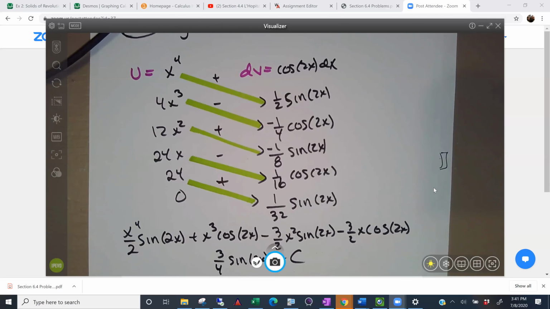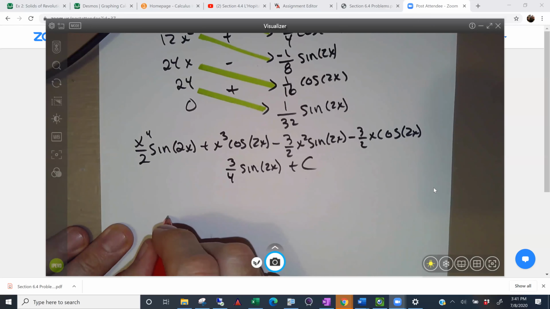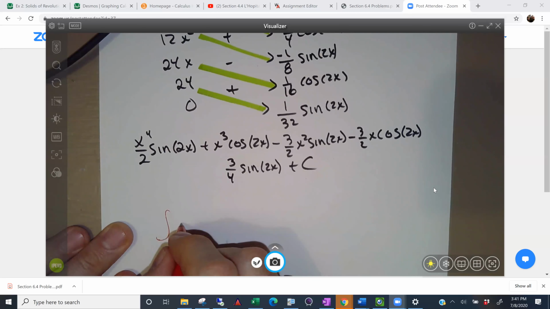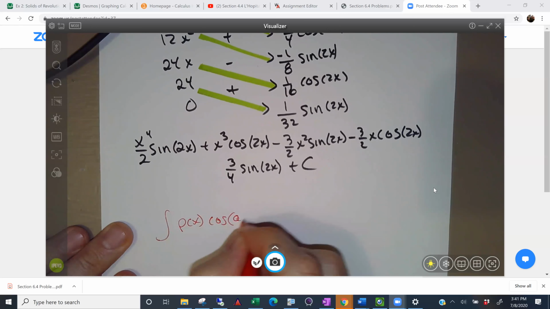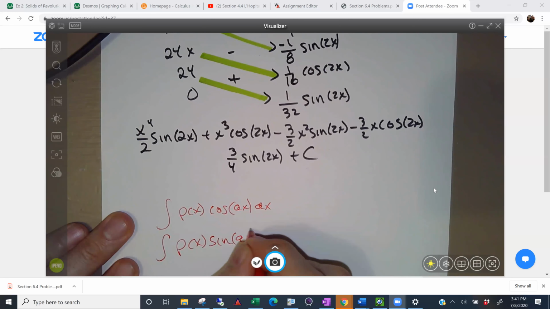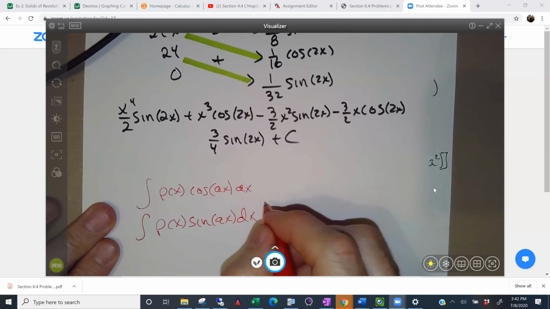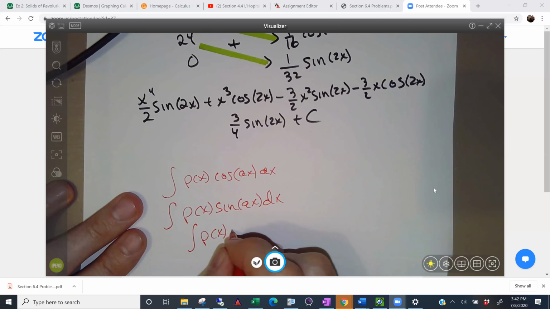Wait, so you can only use this for like trig functions, or when you multiply by trig functions? I always suggest you use it for things like this. Some polynomial of x times cosine of x, or polynomial times a sine of something, or a polynomial times e to the bx dx.